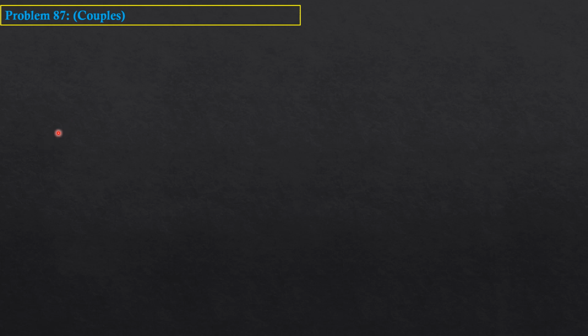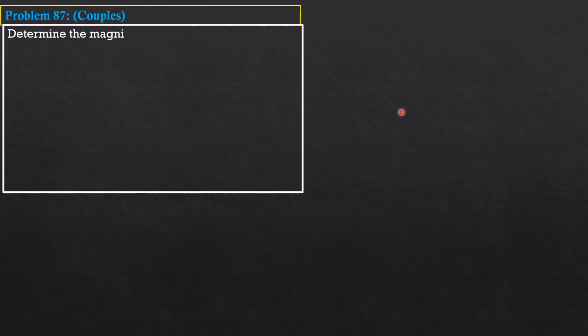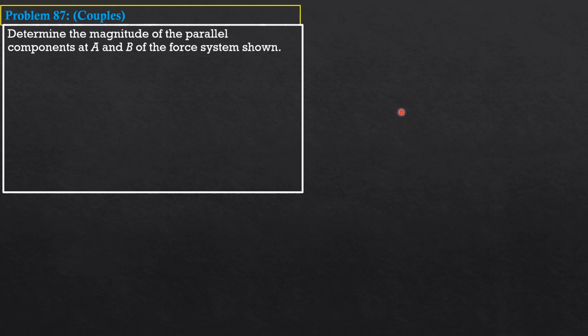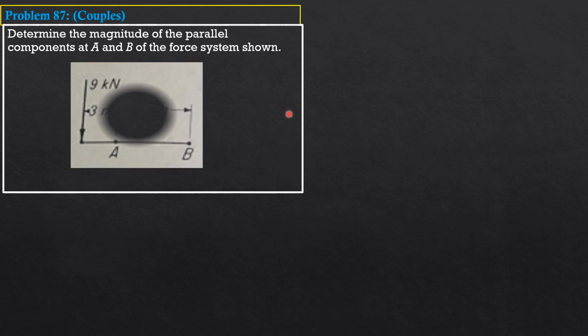Problem 87, still on couples. Determine the magnitude of the parallel components at A and B of the force system shown. So the parallel forces, at A and at B, since this is 9 kilonewtons, the forces at A and B must be different, and one should be downward, the other should be upward.